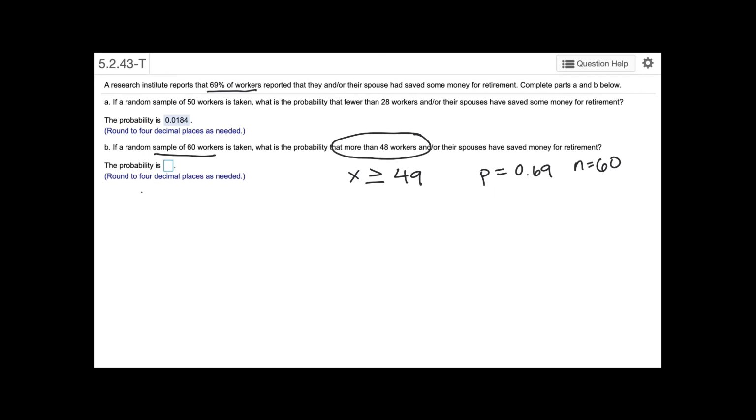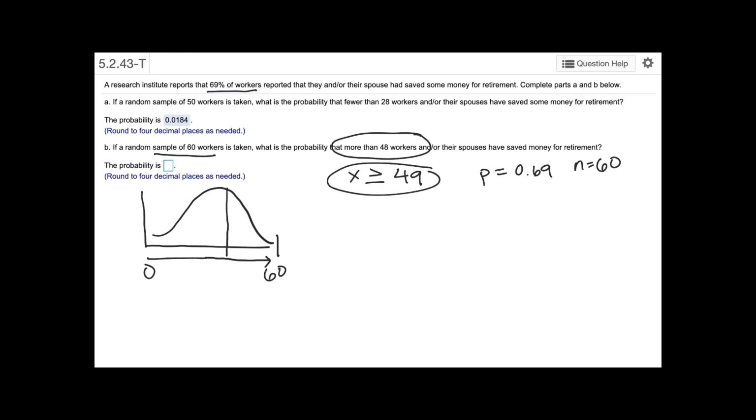Okay, now let's think about it in terms of Excel. Excel, again, when we're working with our distributions, always reads from left to right. In this case, we start at 0 and our sample is the 60 workers, so it goes up to 60 right there. Now, if I'm looking for 49 or more workers, I can sketch and imagine it's somewhere right around there. So this right here is this part of the curve. If I draw my line, the 49th person starts right there.